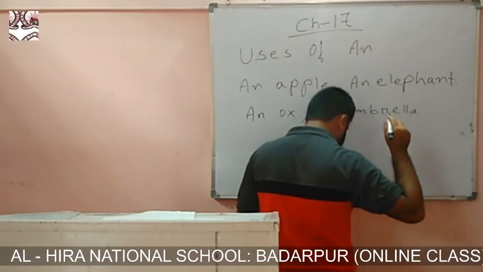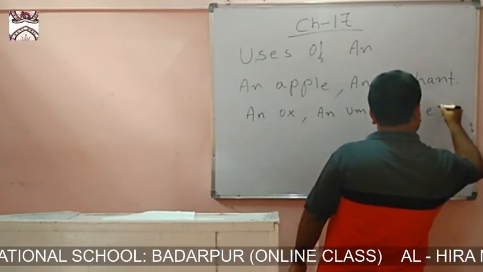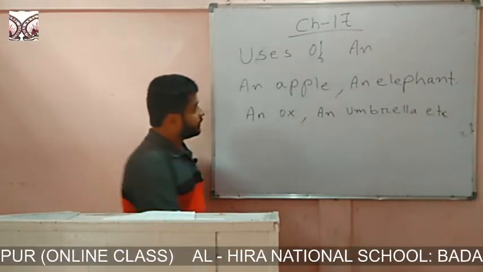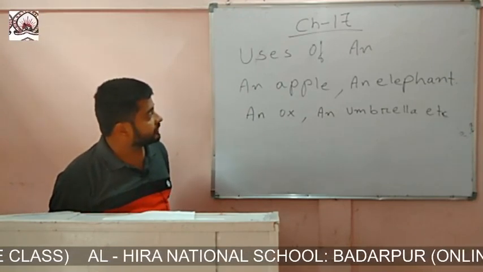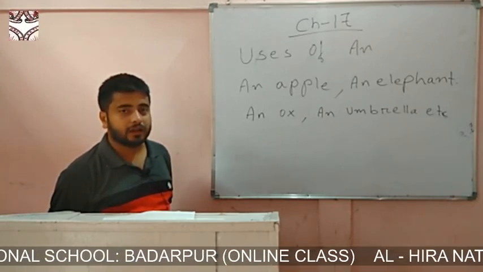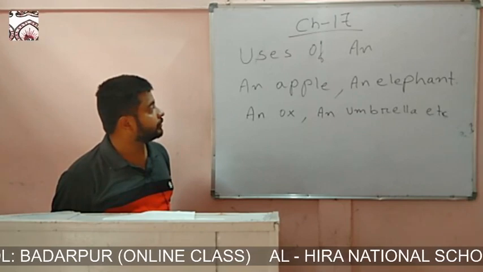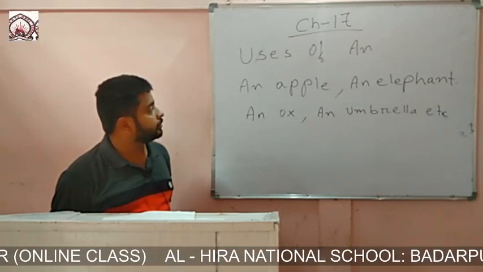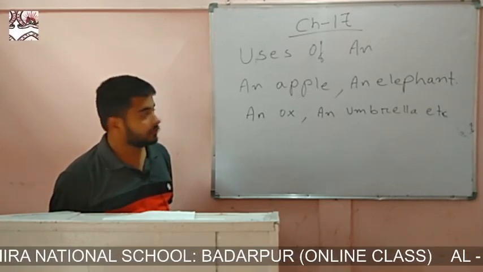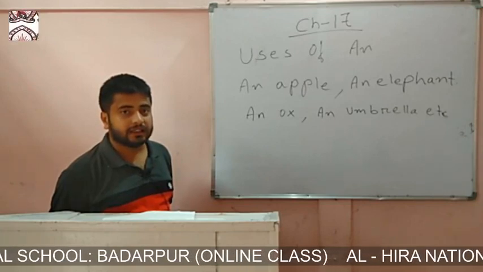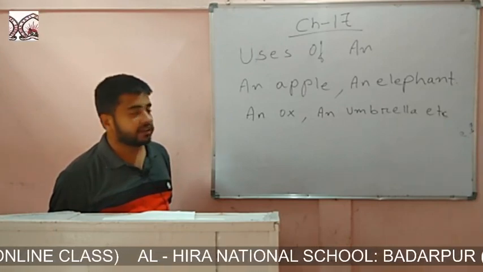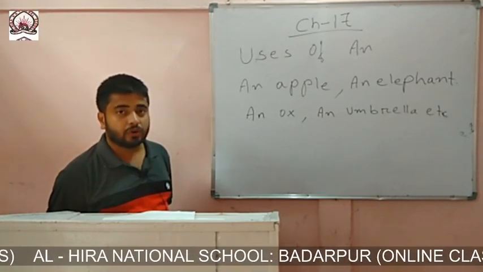You can write many others, but I wrote a few to make you understand. So here you can see that when we pronounce apple, the sound a comes. When we pronounce it, the sound comes as a vowel. So I have written an apple. Then an elephant, E sound is coming, which is vowel. So I have written an elephant, an ox, O sound.